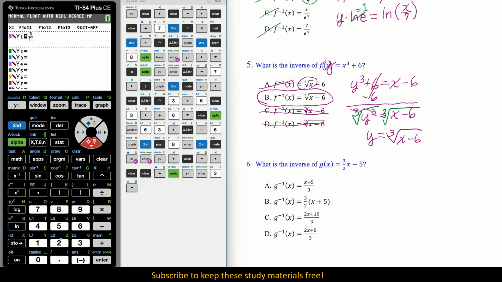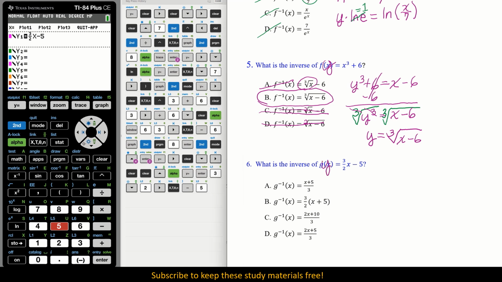So that's 3, arrow down 2, arrow all the way over, put in our x, and minus 5. Okay, that's entered correctly, so good.